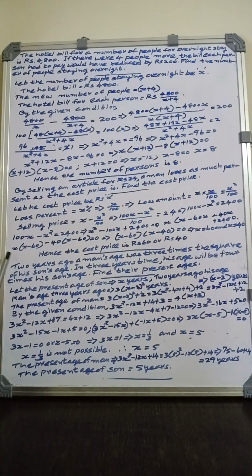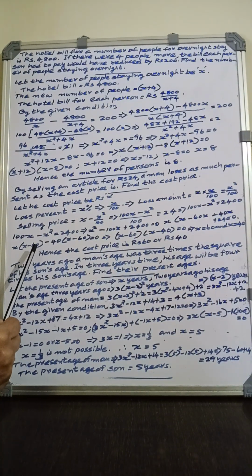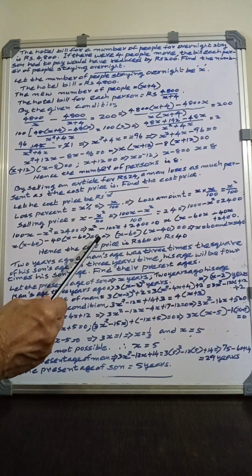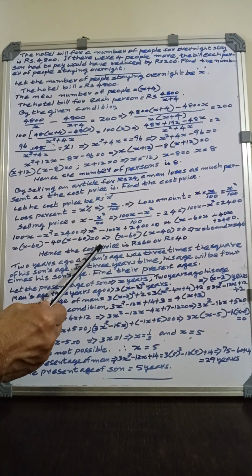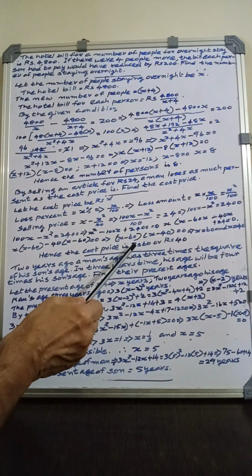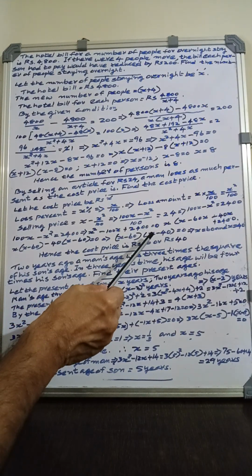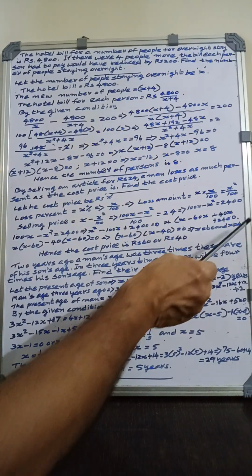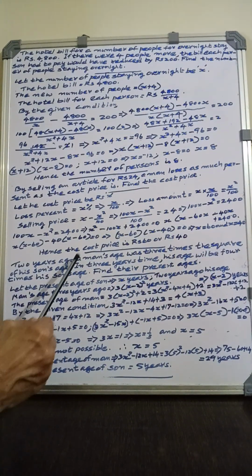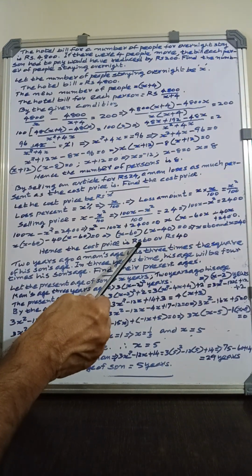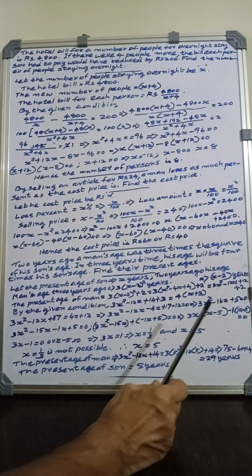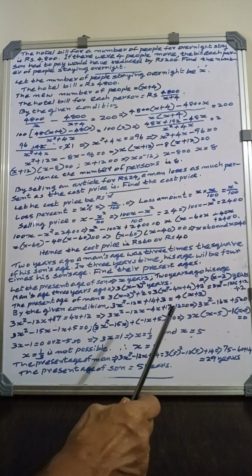That is x into x minus 60 minus 40 into x minus 60 equals 0. x minus 60 into x minus 40 equals 0. x equals 60, x equals 40. Hence the cost price is rupees 60 or rupees 40. Here we get two options.